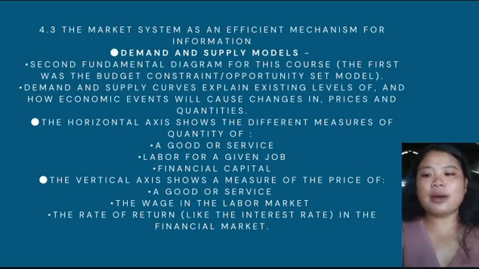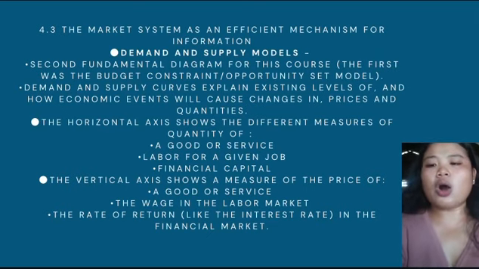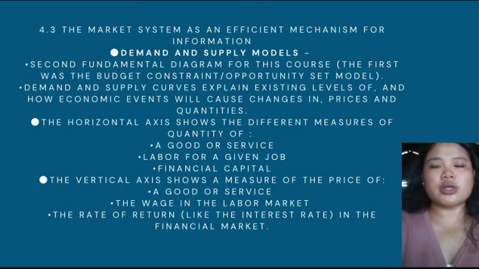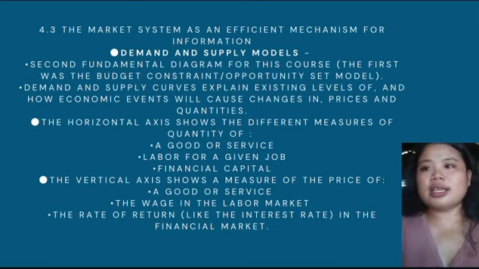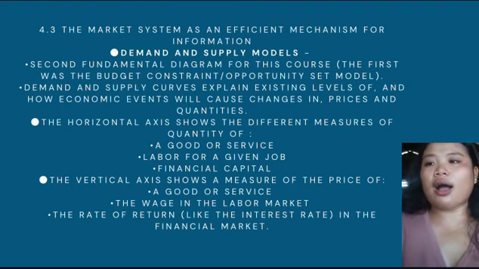Prices exist in the markets for goods and services, for labor, and for financial capital. Prices serve as the market's social messengers of collecting, aggregating, and transmitting information that is relevant to the market.